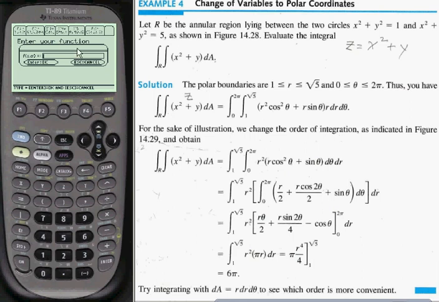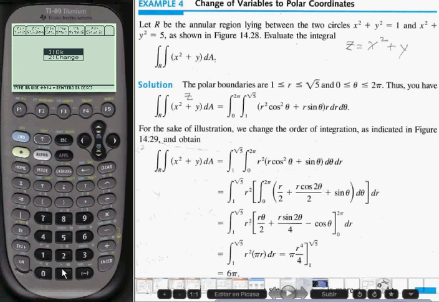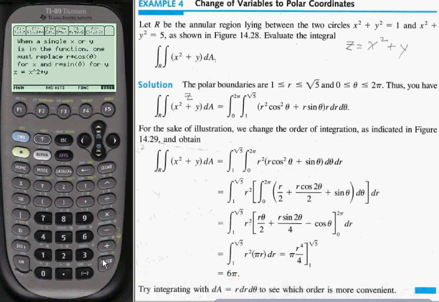I've already entered the function and the other information in here to save time. Here's x squared plus y. And I always give you a chance of changing the function in case it was wrong. You can enter any function in here if you want; generally within tests it'll work. And anytime you have a single x or y in a problem, you have to replace it with what I showed you on the previous screen: r times cosine of theta or r times sine of theta, depending on whether it's x or y.